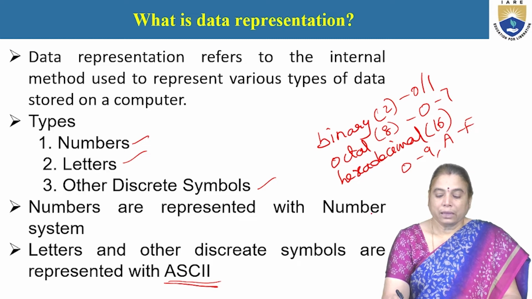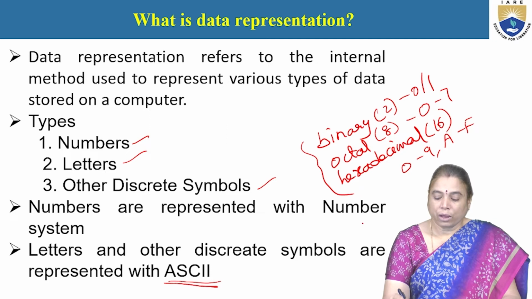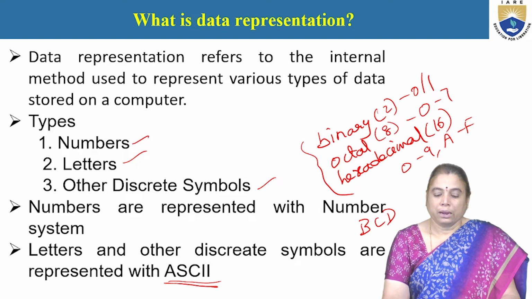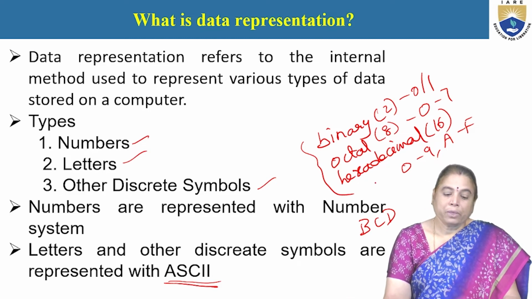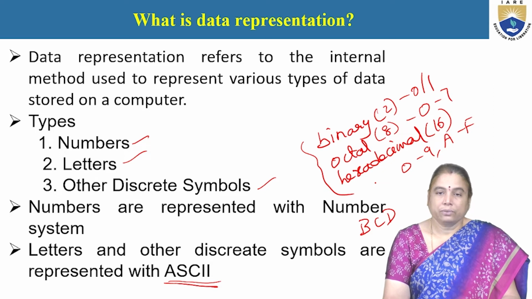The numbers can be represented by using these three, and also one more code, binary coded decimal. By using this code also, the numbers are represented in the computer. So the data types can be represented by using the number system in the case of numbers, and the ASCII code in the case of letters and discrete symbols.